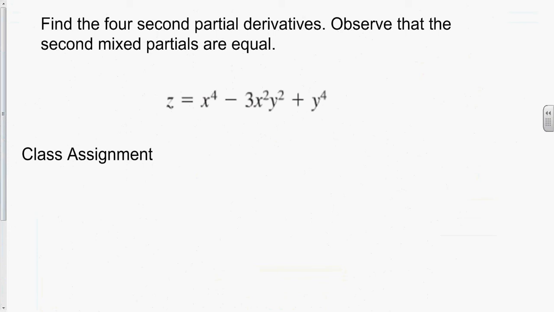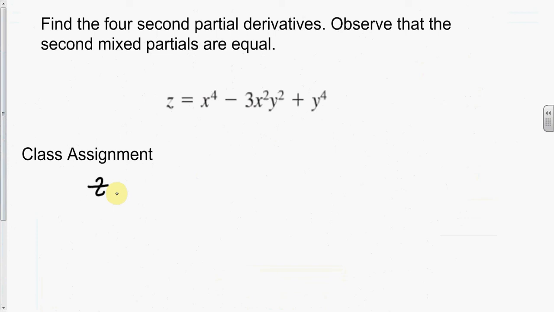The mixed partial comes off of either the partial of z with respect to x, then take that partial with respect to y. Okay, so you got it?